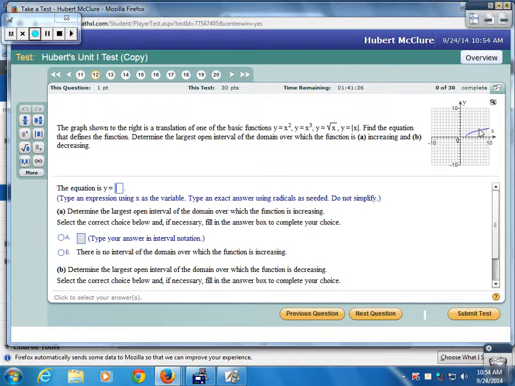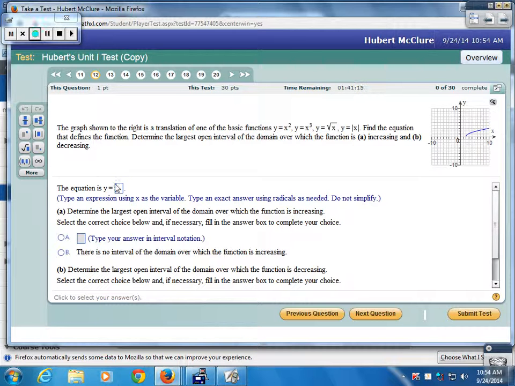All right, the graph of... what is that, the graph of? Square root of x. All right, and what is it doing? It's got a horizontal shift of what? 2 to the right, which means what? Negative 2. So that'd be square root of x minus 2.